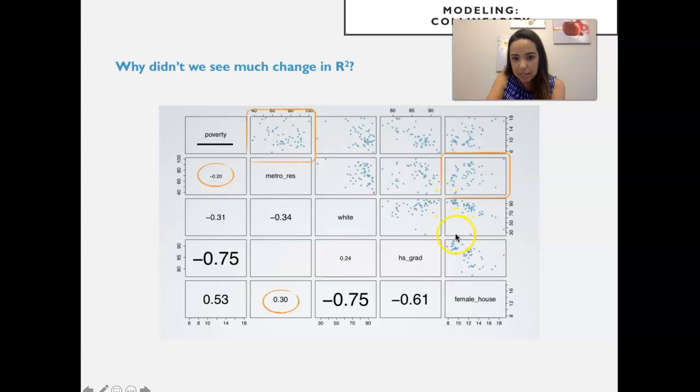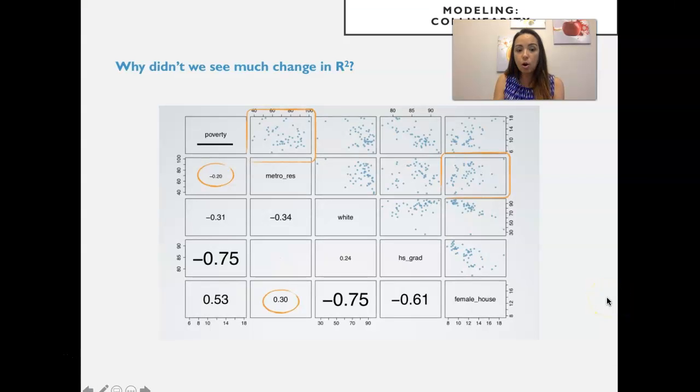So it's telling us that the smaller the number of females heading households, the larger the percent white people in the population of that state. And to the contrary, the smaller the number of white people in the state, the higher the number of females that are heads of households.